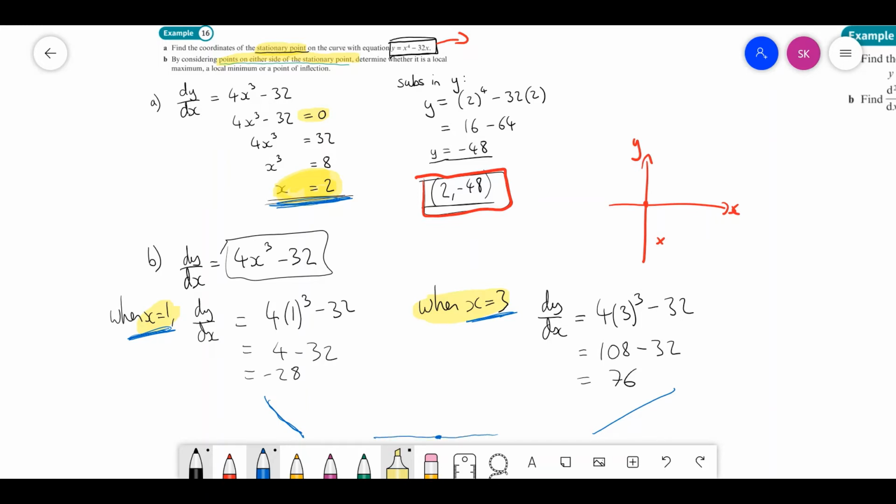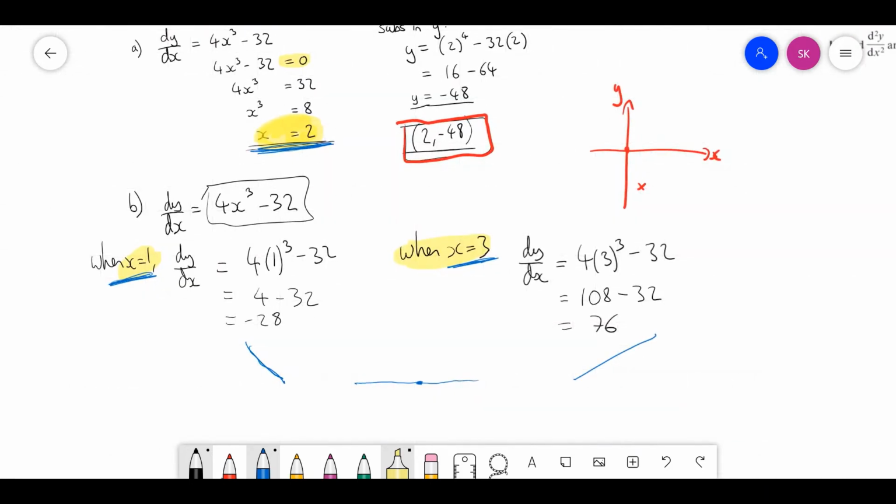And when x is 3, we've got a positive gradient. So therefore, must our stationary point be a local minimum point, a local maximum point, or a point of inflection? Well, you can see from the shape of these gradients, it's going down, then it's going flat, then it's going up.